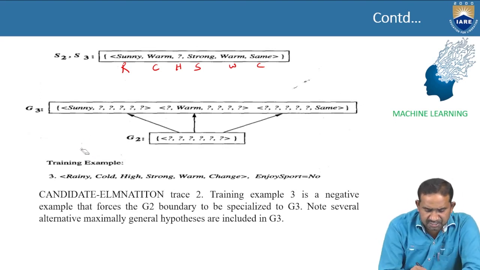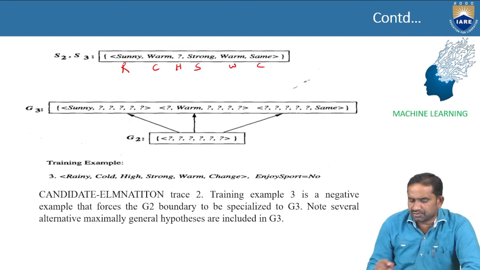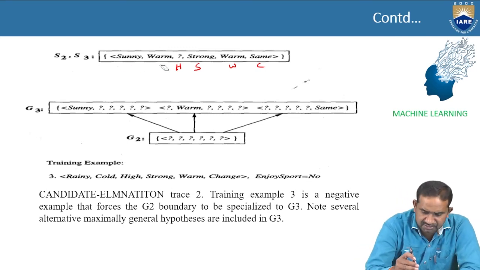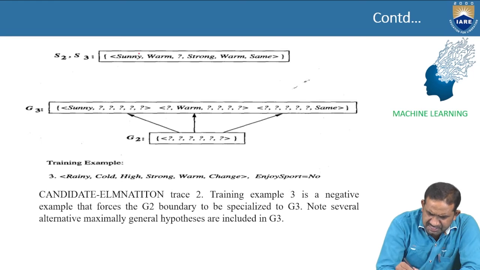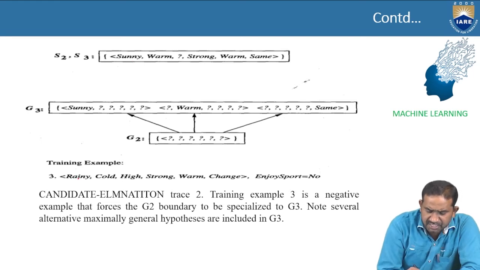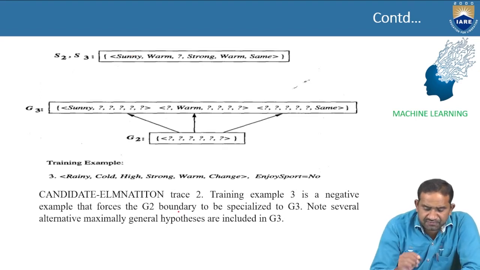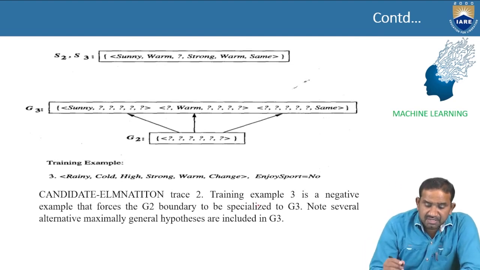For the third example, rainy, cold, high, strong, warm, change, in the general space the result is negative, so it becomes a negative example. We compare with the hypothesis S3, where the value is sunny while the training example is rainy. Whenever you follow a negative value, it must be identified from the previous one.